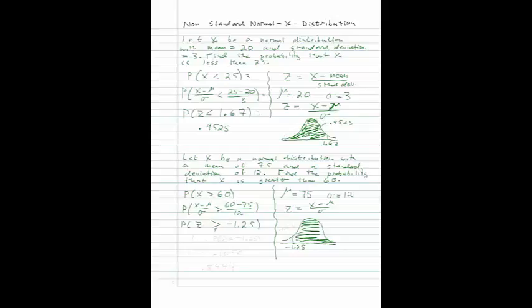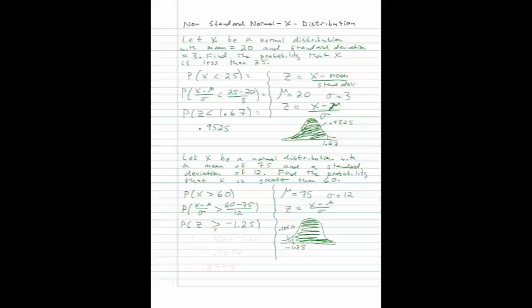That corresponds to all of this area. But that's not what the z table gives me. The z table gives me everything to the left of negative 1.25. So let me find out what that is, and that is 0.1056. So 0.1056 is to the left.